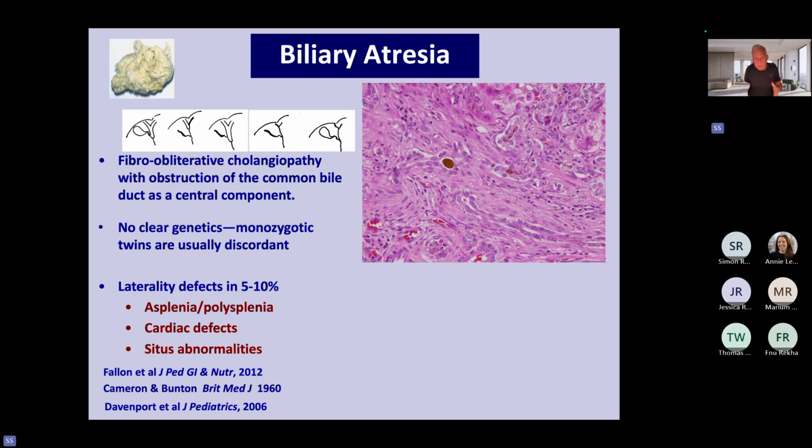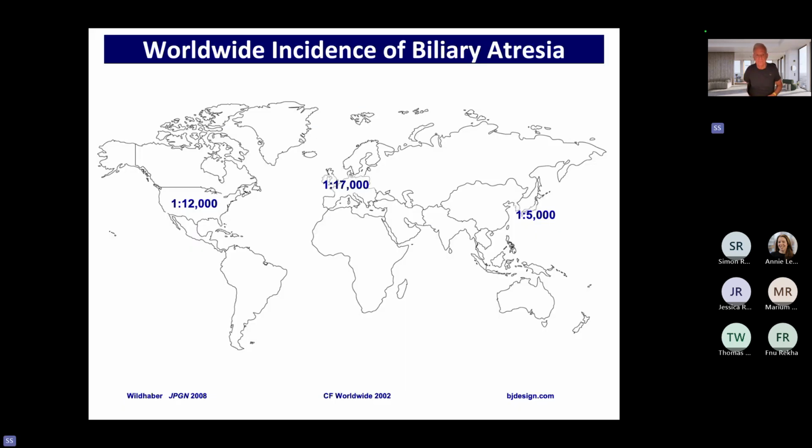And when we look at a biopsy shown to the right here, one of the outstanding features, aside from biliary ductular proliferation that they're all familiar with, is the problem of extrahepatic bile duct plugs, extrahepatic cholestasis. The worldwide incidence of biliary atresia is shown here.